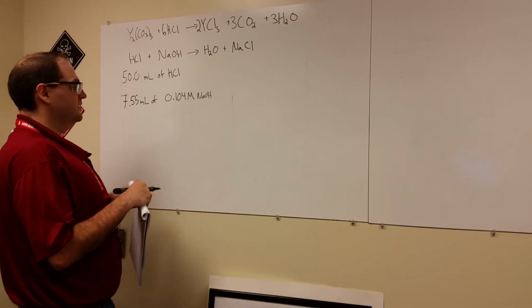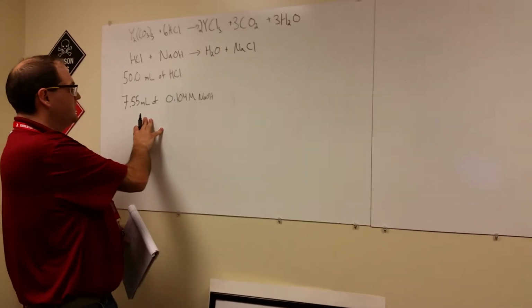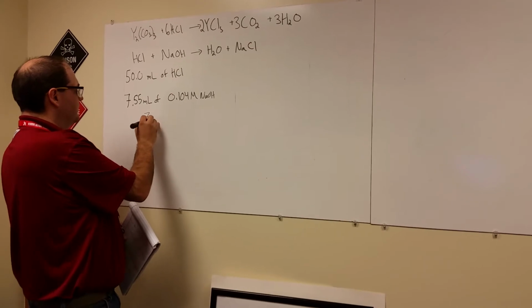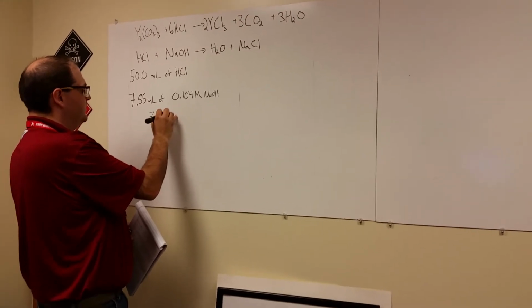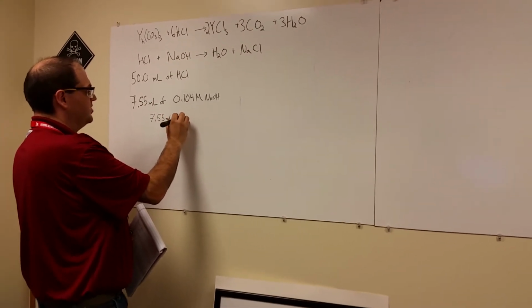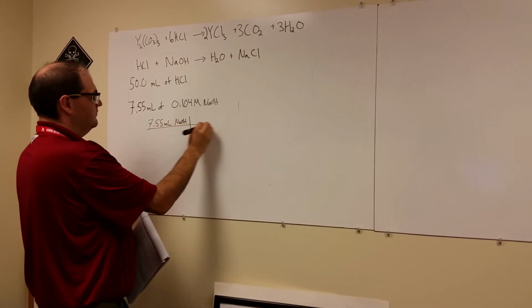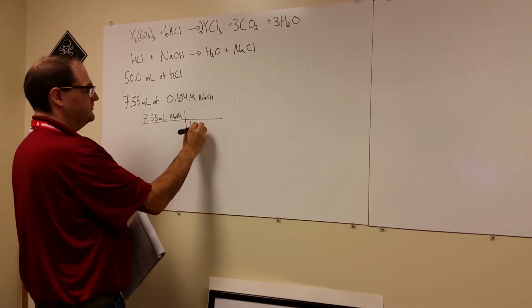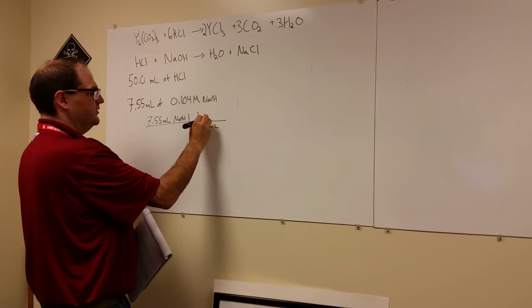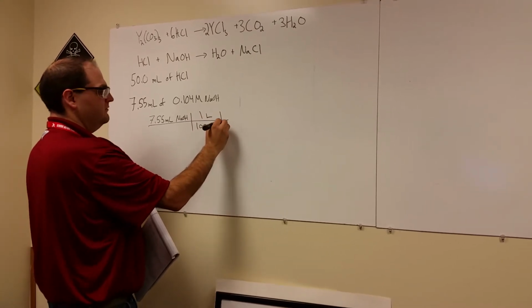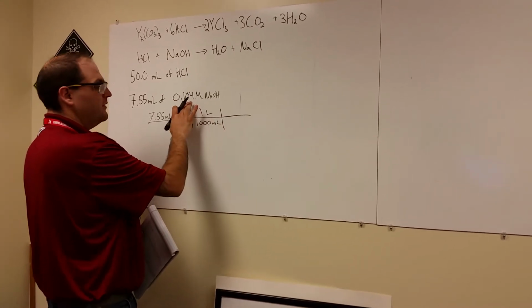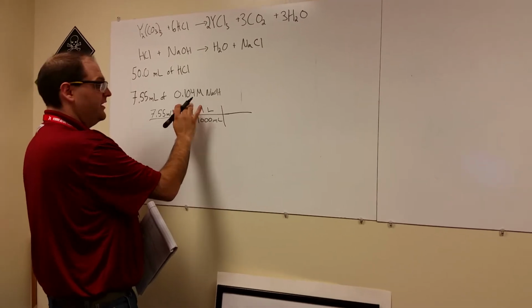So to begin this, you can take the 7.55 milliliters of NaOH. Okay, convert that to liters per 1 liter. Then multiply by the molarity to get the moles of the NaOH.